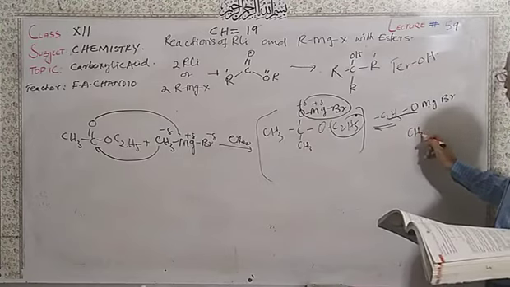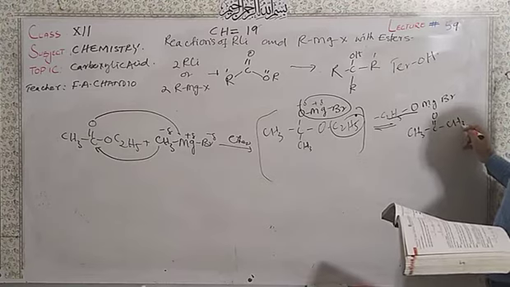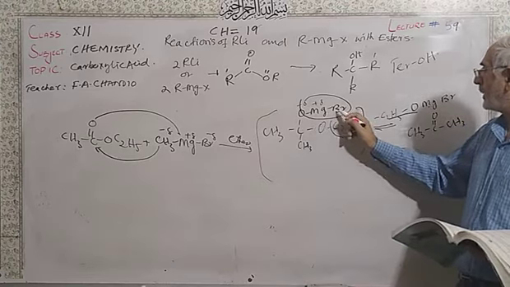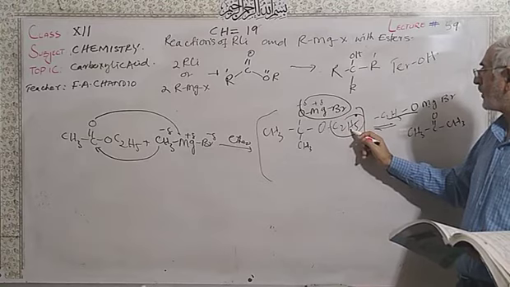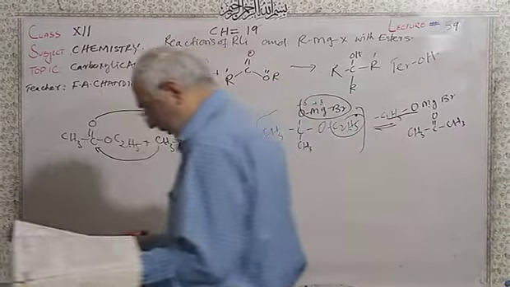You will get ketone. The intermediate ketone is going to be formed, with OMgBr and C2H5 removed. This is the intermediate ketone.